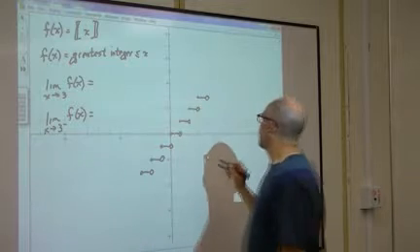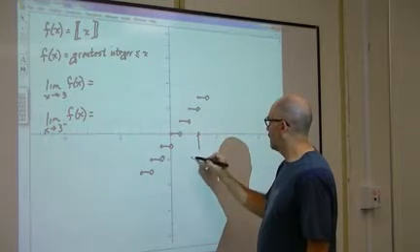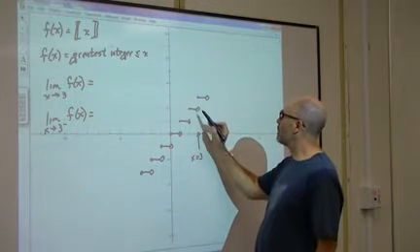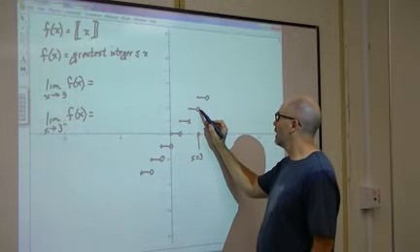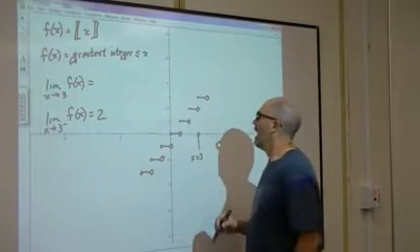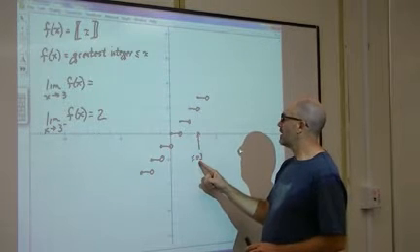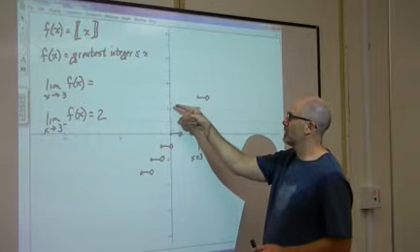well, okay, let's go to 3. Here's x equals 3. Now, if we approach that from the left, then we're approaching the value y equals 2. As I approach x equals 3 from the left, I'm getting closer and closer to y equals 2.